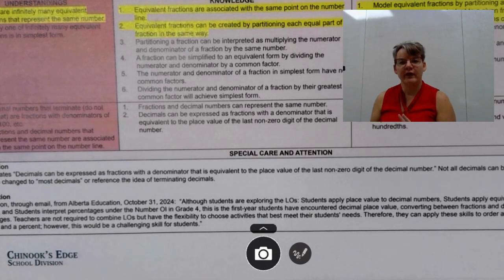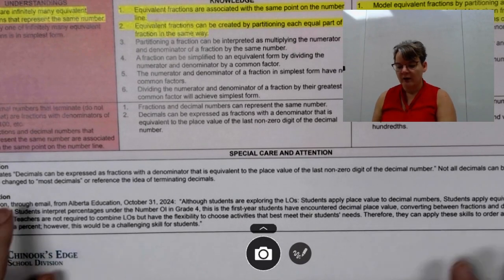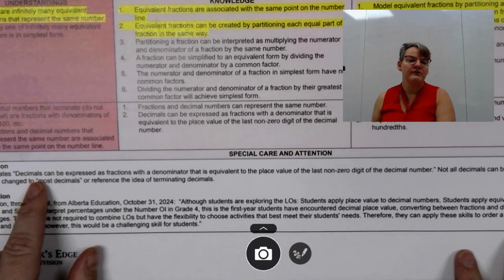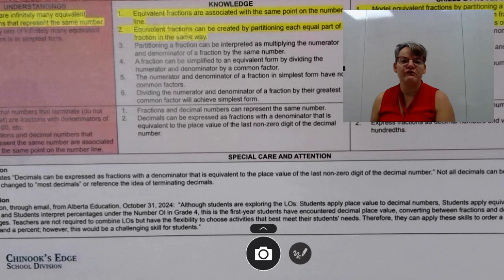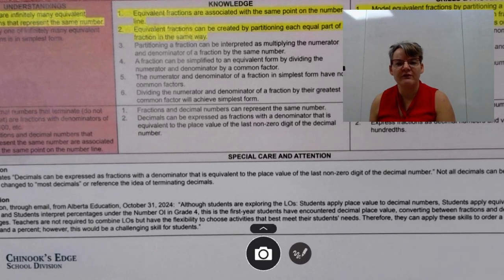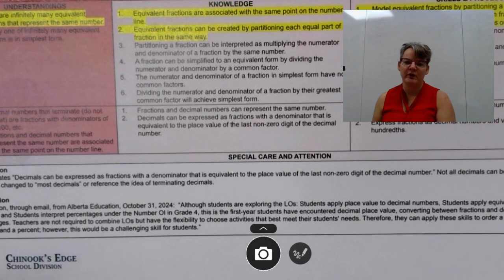There are two clarifications that I want to address. Number one of the cusps states that decimals can be expressed as fractions with a denominator that is equivalent to the place value of the last non-zero digit of the decimal number. Now, there is a danger in the way that this is phrased. What they are trying to talk about is 2/10 or 3/100, that you'll always be able to write as a decimal.